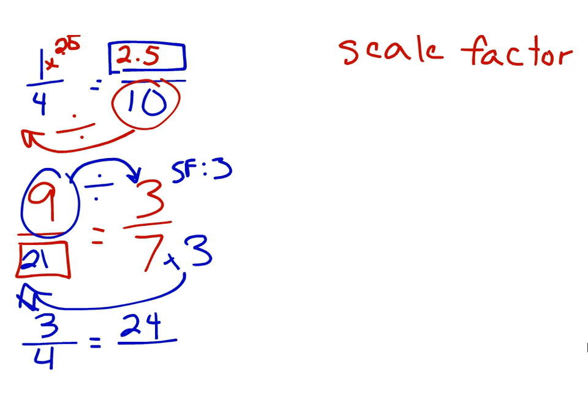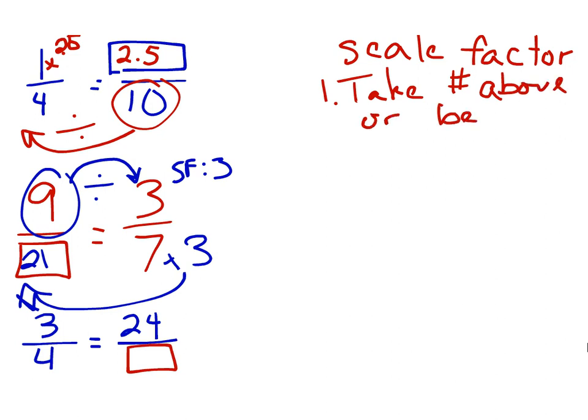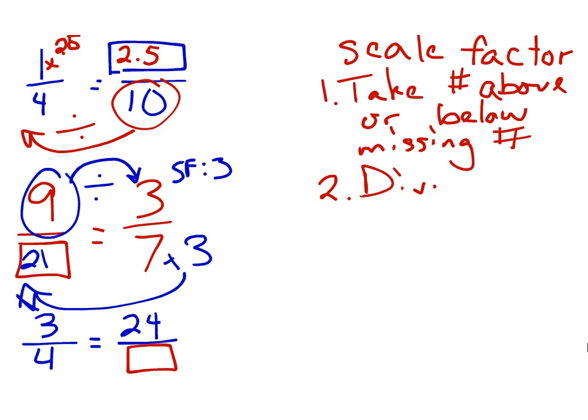We'll do 3 over 4 equals 24 over blank. So again, step 1, take number above or below blank, missing number. Step 2, divide by corresponding number.